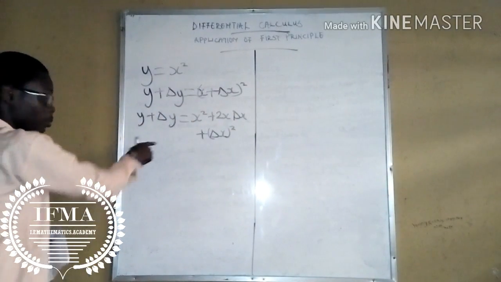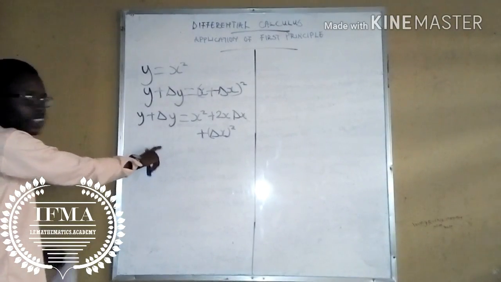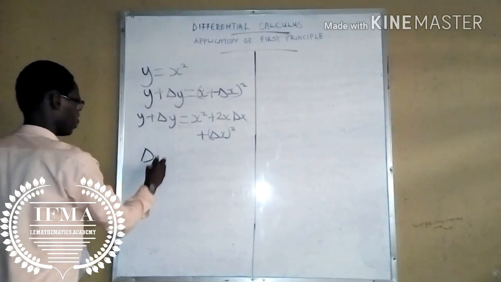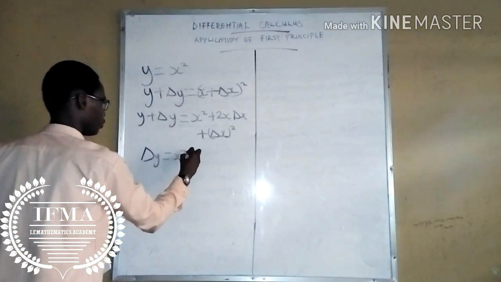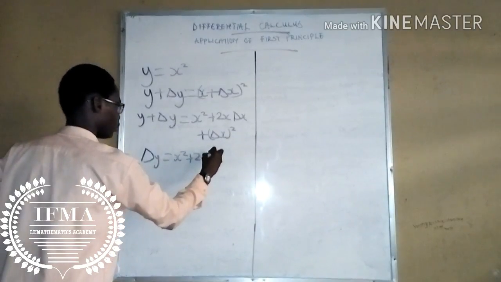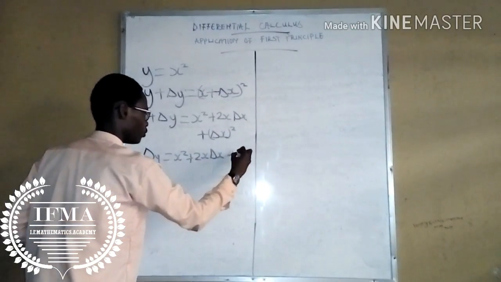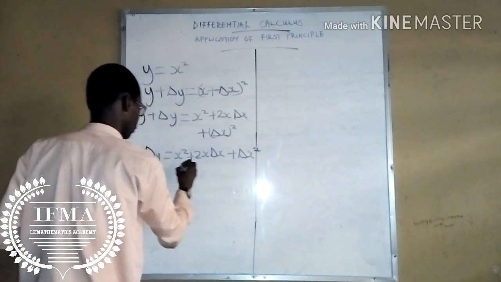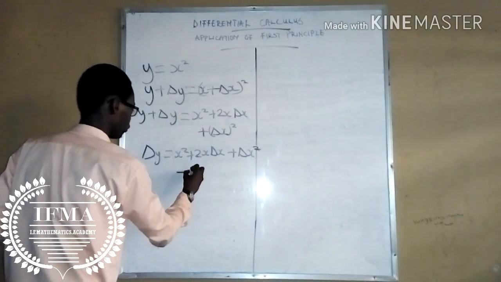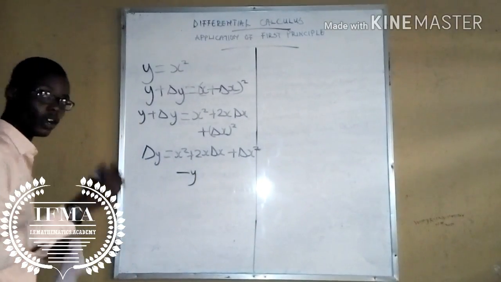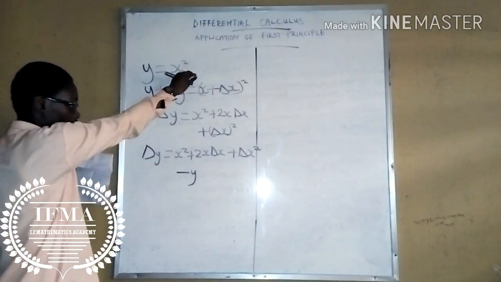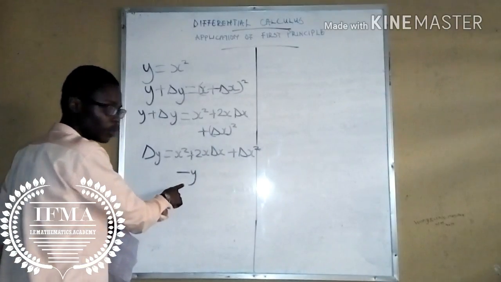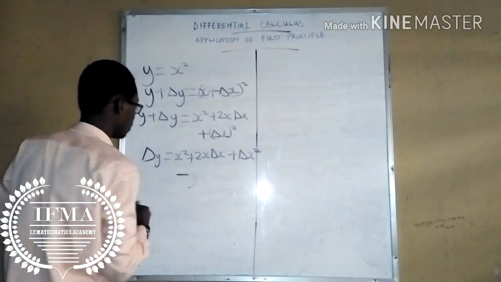So now we are going to make the change in y the subject of the formula. We all know that y equals x squared, so we can replace y with x squared. Therefore, instead of y, we are going to put x squared.